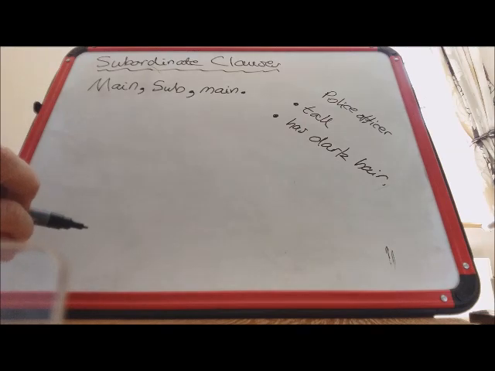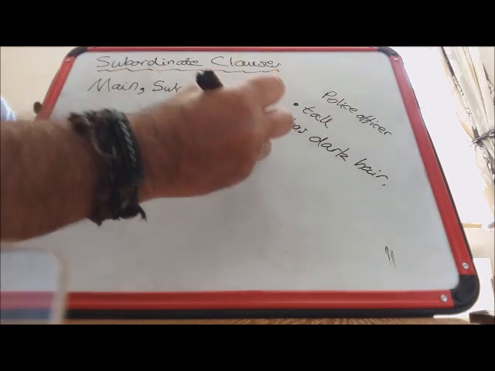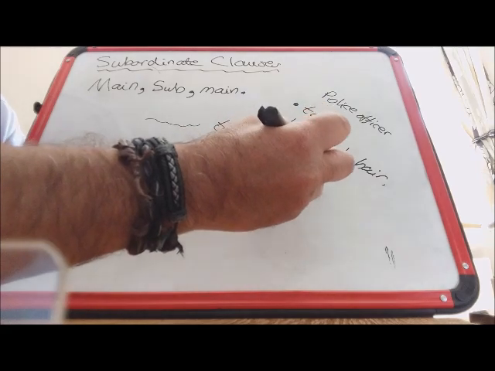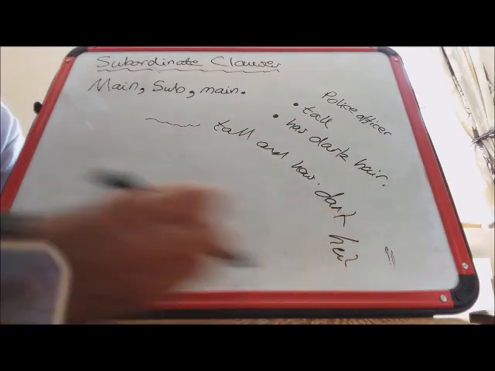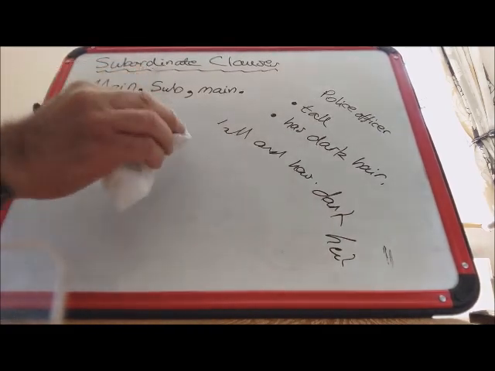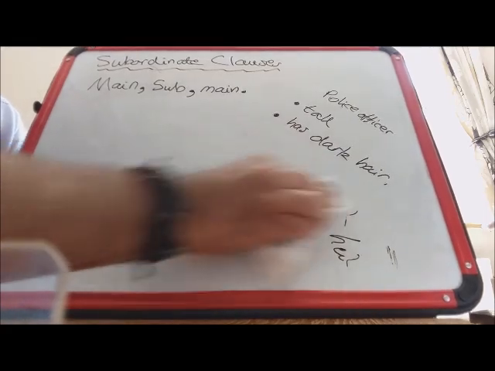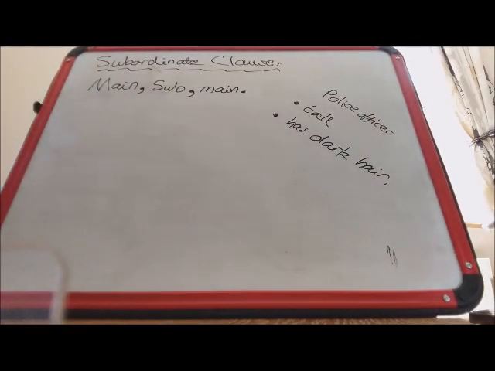Now, obviously, one way of doing it is we could say the police officer was tall and had dark hair. Okay. Now, you could, if you were in year 2 or year 3, but because we're in year 4, we think, no, we're going to do it differently.